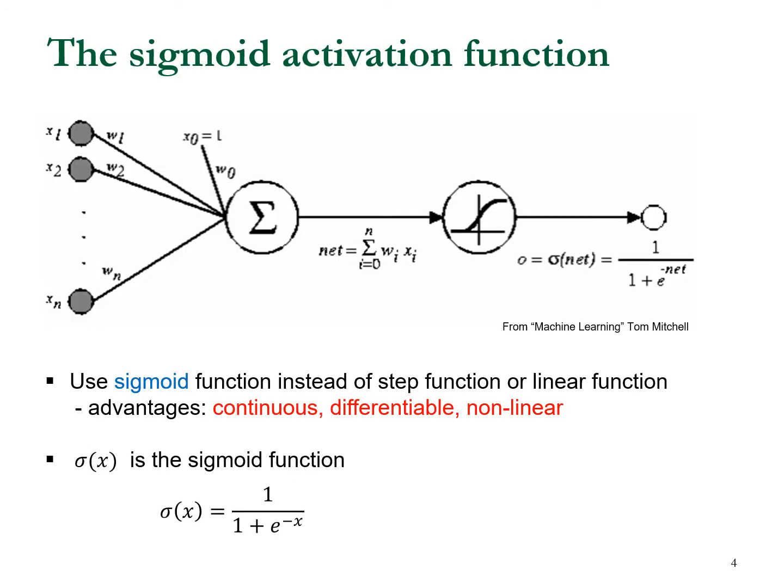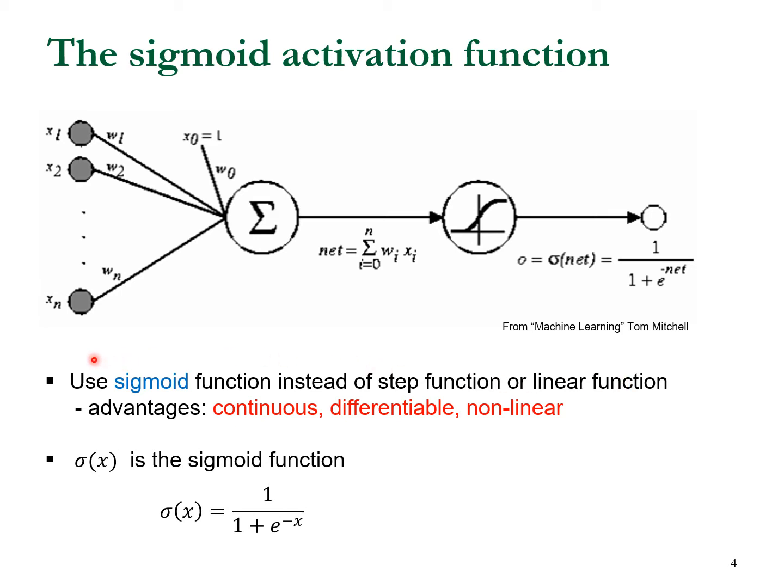So the backpropagation algorithm uses the sigmoid function as the activation function. Here, let's talk about the sigmoid function, what it is and how it works in a neural net.